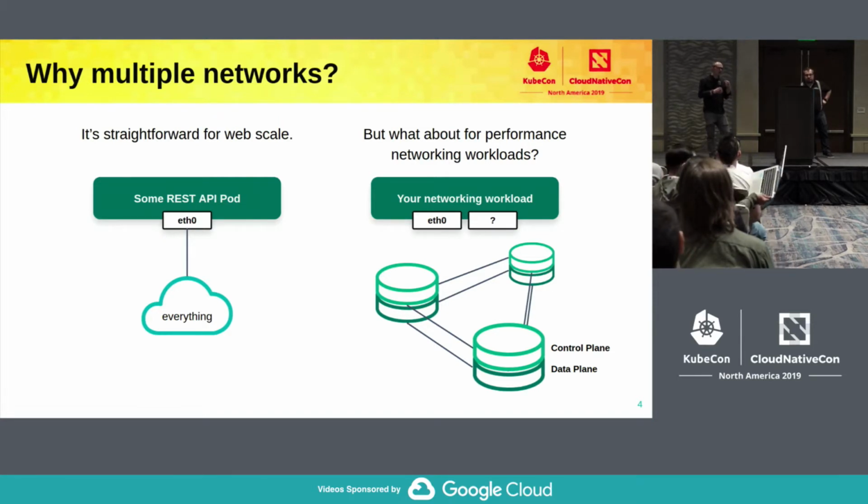But once you start looking at workloads that are network specific, you have different types of architectural considerations that you need to manage. And what I've illustrated here is this idea of control plane, data plane separation. And when you just have that single interface, you start to ask the question of how am I going to approach this problem? So we're going to talk about some of the approaches that are used.